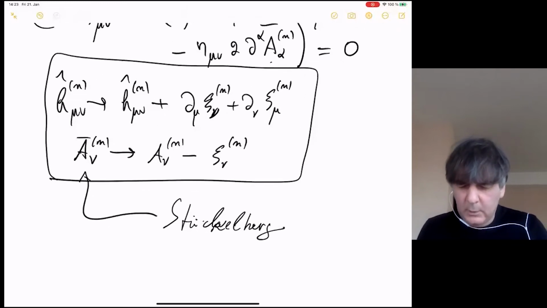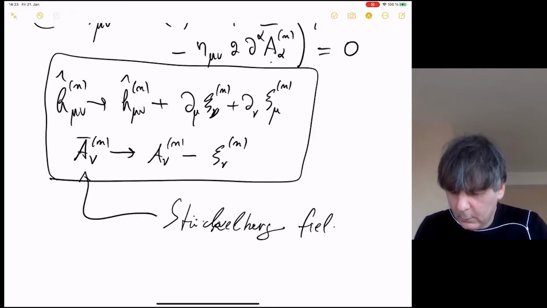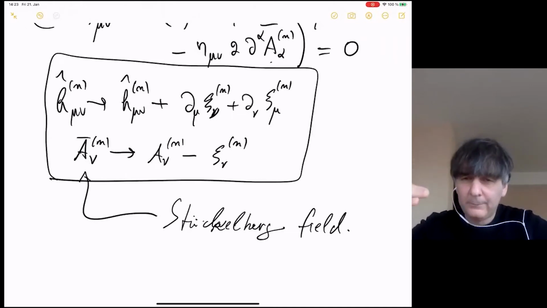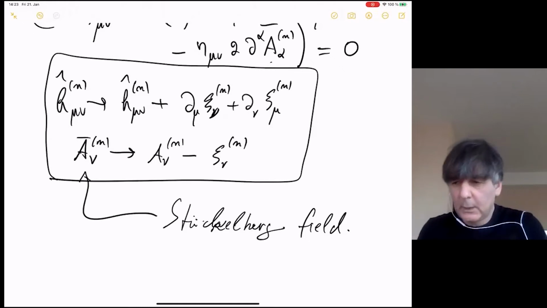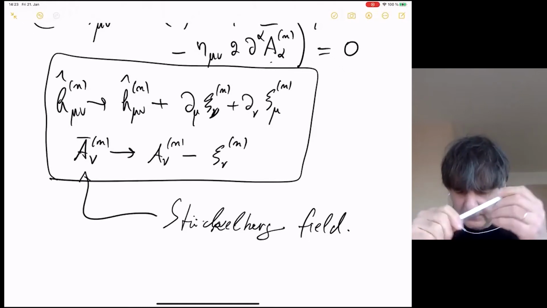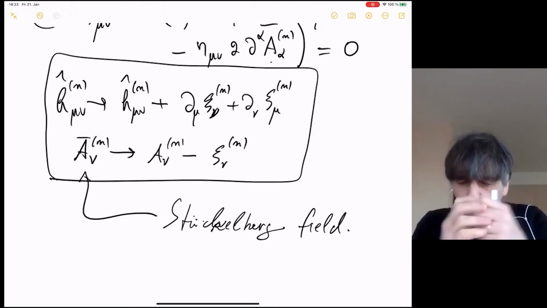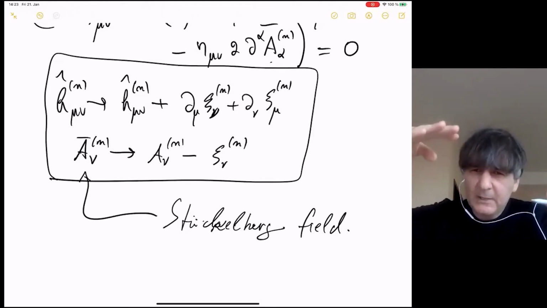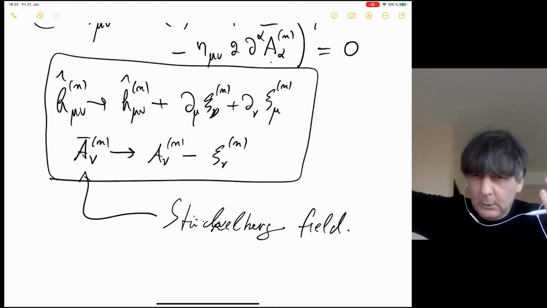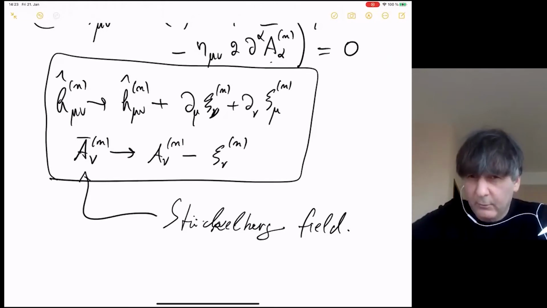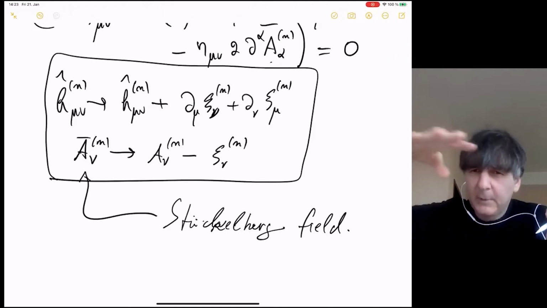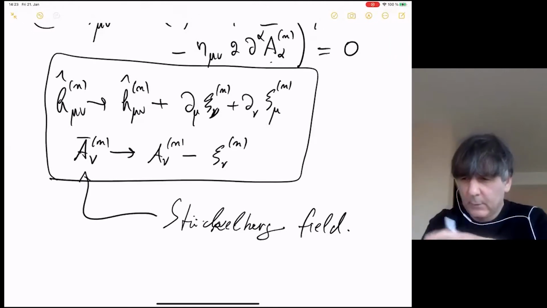It acts like a Stueckelberg field for the massive Pauli fields at a given level. So at each level, the massive spin 2 eats up a combination of a vector and a scalar, and becomes a first Pauli graviton at each massive level.